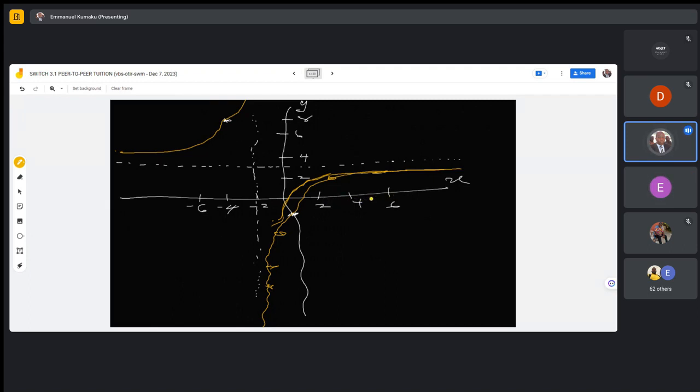You can increase the test points so that you get about 3 or 4 plotted points, then you draw your curve through. I hope you understand what I'm implying. Good. So this will be the sketch of this one.